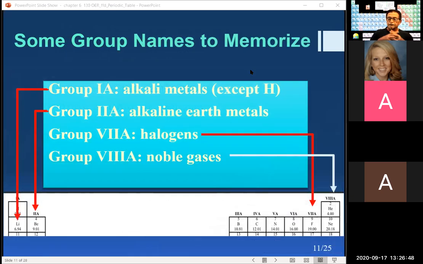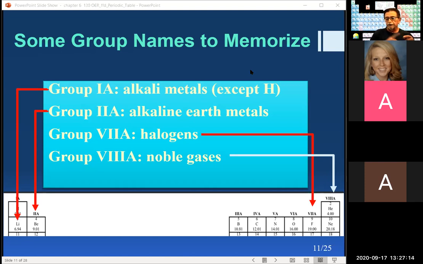Okay. Now, some of these groups have their own special name. Like, for example, everybody in group 1A is called the alkali metals, except hydrogen. It's like I just explained, hydrogen is not a metal. The group 2A is the alkaline earth metals. They have their own little special name.